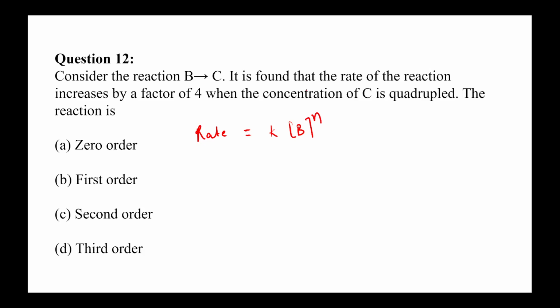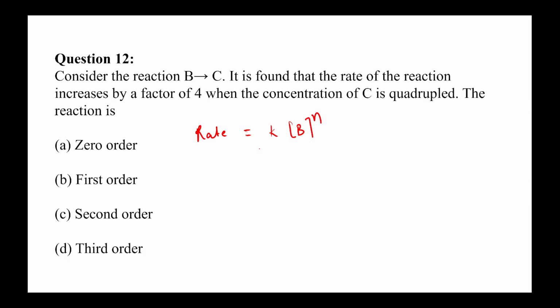Now here, what information do we have? They have said that the rate of the reaction is increasing by a factor of 4 when the concentration of C is quadrupled. So either you can write the rate like K multiplied by concentration of B raised to the power of n, or you can also write it in terms of concentration of C, because the rate of the reaction is basically how fast one thing is changing into another.